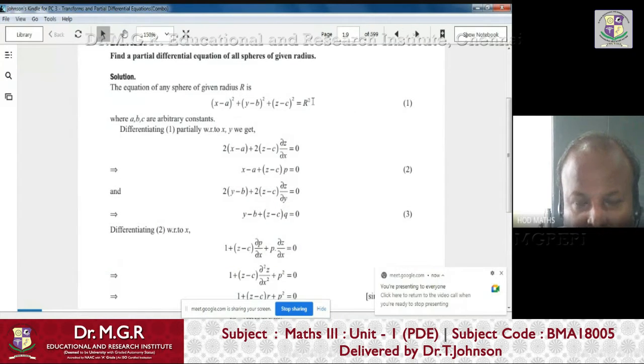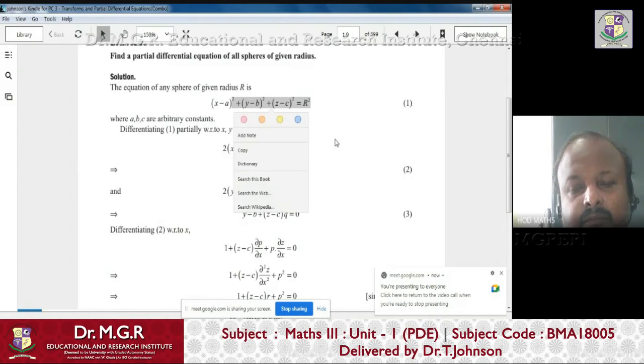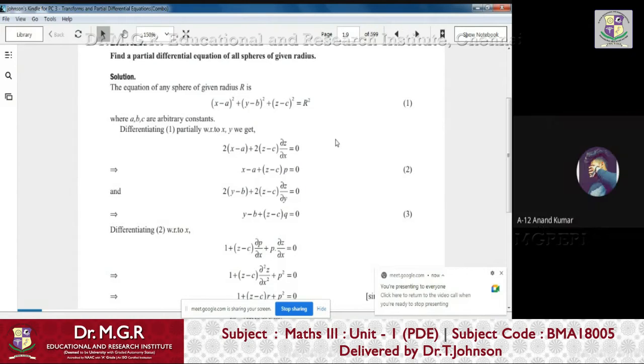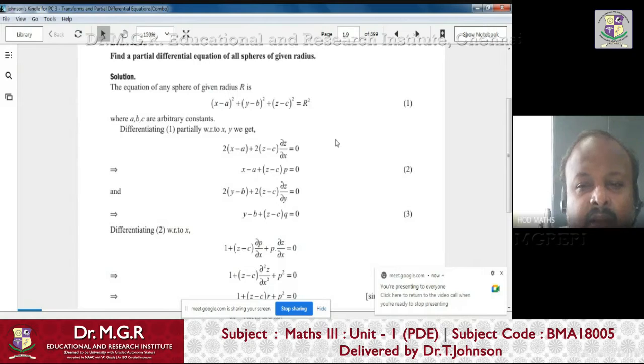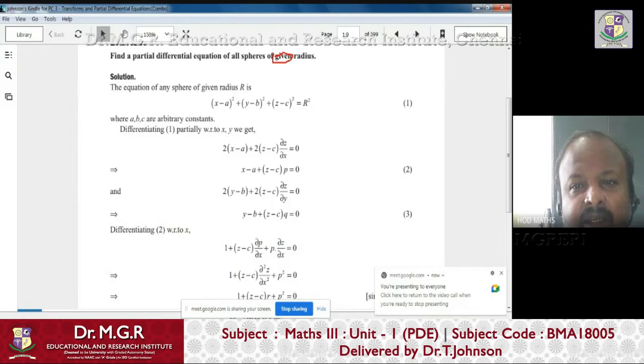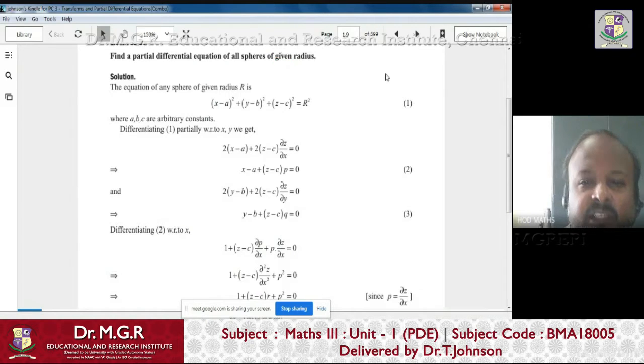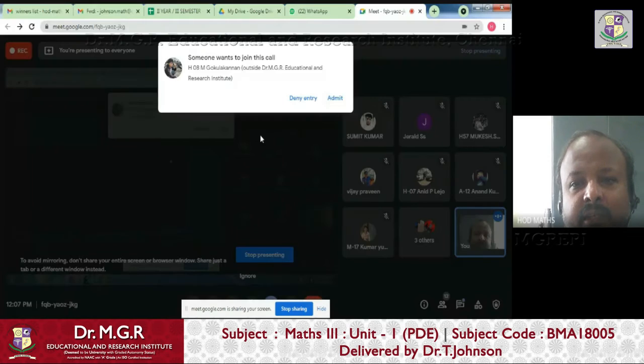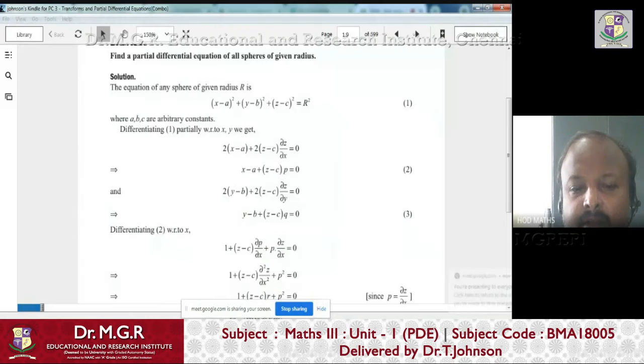Somebody has to tell. What is R? Radius of a sphere. R is radius, sir. Yes. Whether it is changing or not. It is not changing because in the book the question itself says given radius. So given radius means it is a fixed one. So here we have 3 arbitrary constants and 1 fixed constant, that is R.